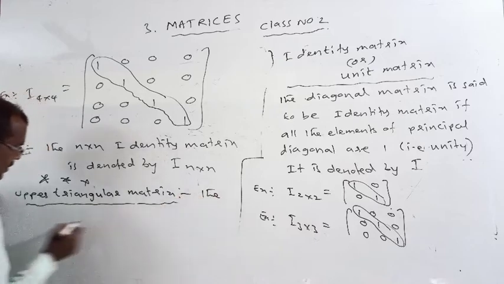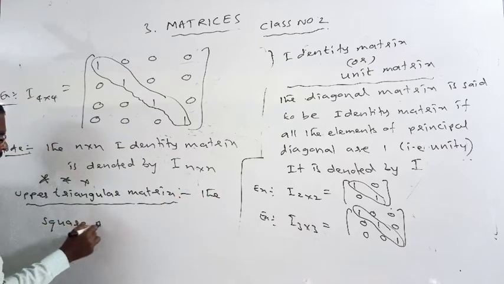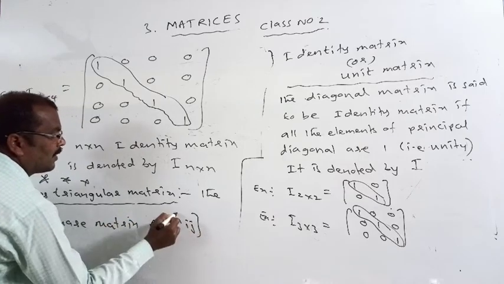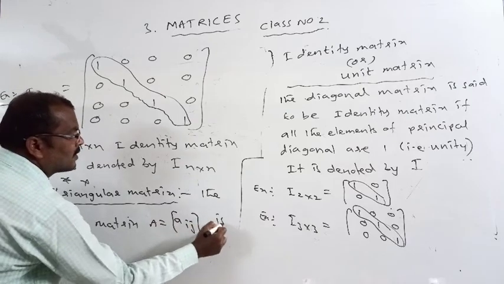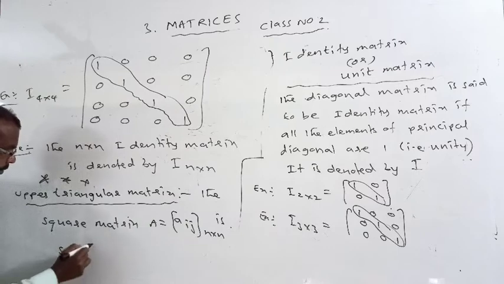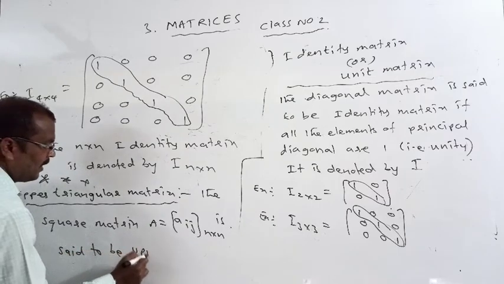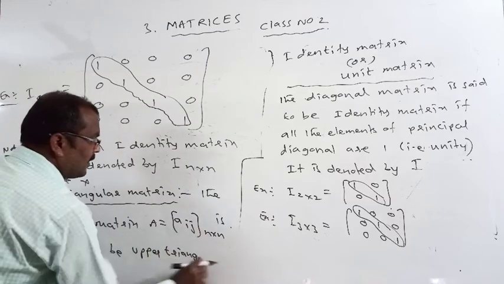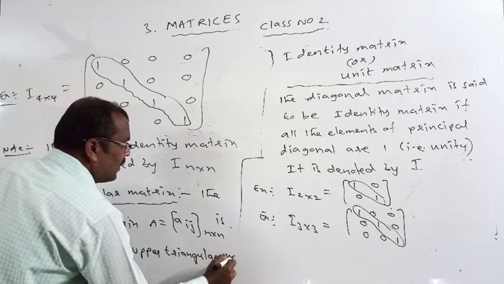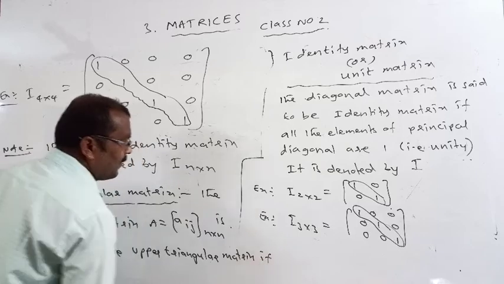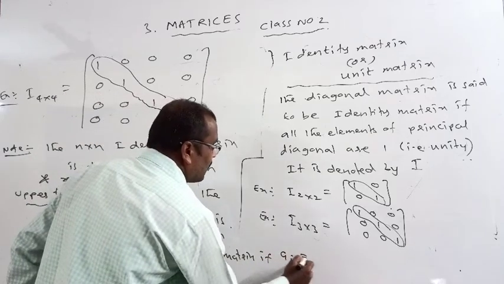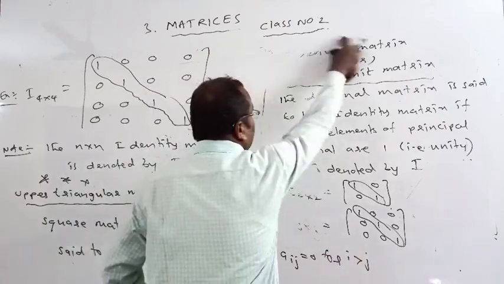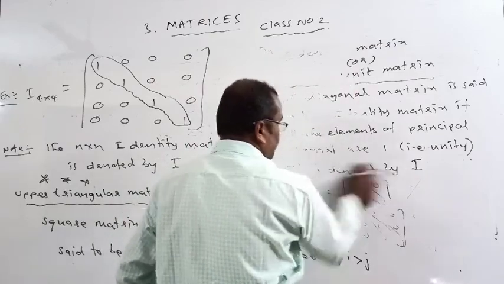The square matrix capital A is equal to Aij is said to be upper triangular matrix if Aij equal to 0 for i greater than j.